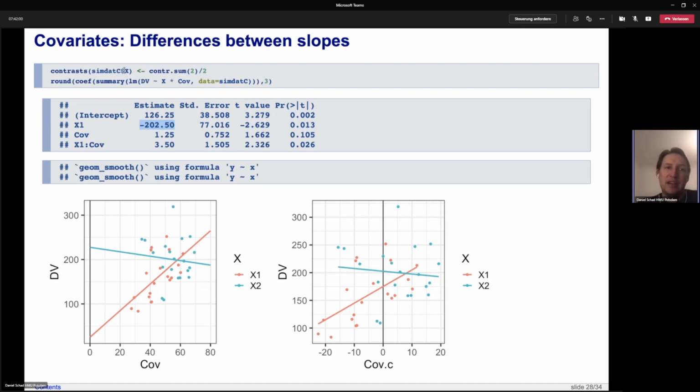But because the factor x was coded as a sum contrast, as the effect coding, the mean of that is 0, so it's centered. Because of that, we could interpret the covariate as the average increase, so it's kind of the average of these two lines and how this increases, and that's 1.25.